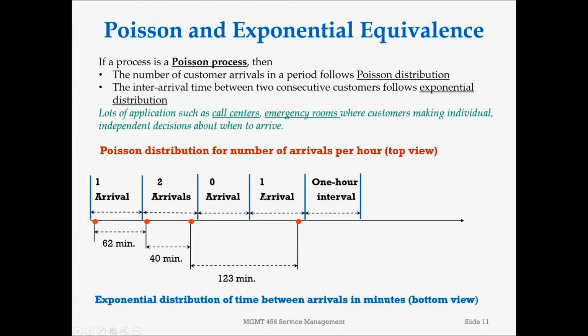If you're looking at the number of customers per hour, like the top view, you can use a Poisson distribution to model such a process.